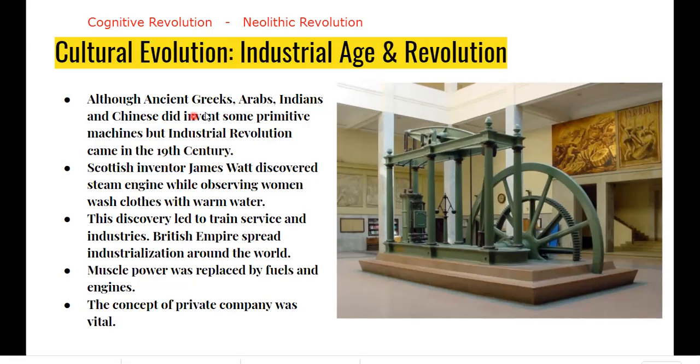Although in ancient Greece, the Arabs, the Indians, and the Chinese did invent some primitive machines, they did have industries, but on a very small scale. The Arabs had industries, the Indians, the Greeks, and the Chinese, but on a very small scale.